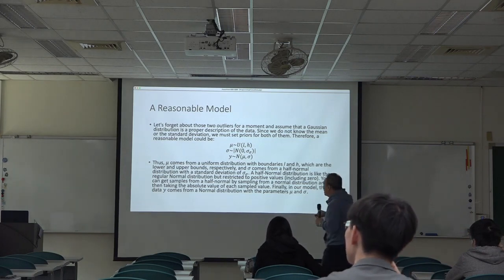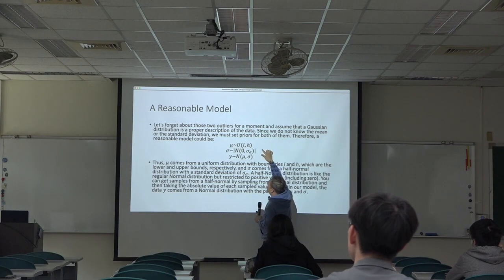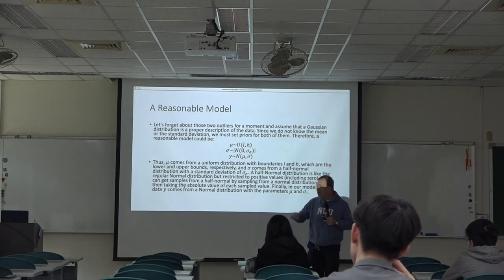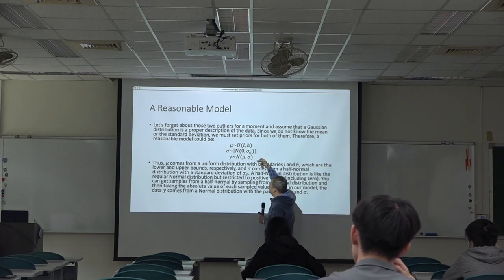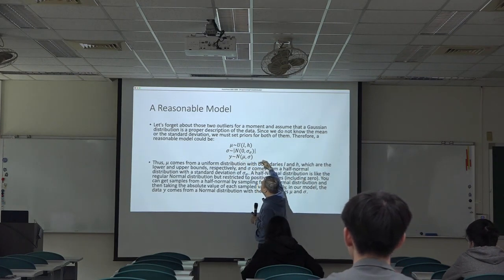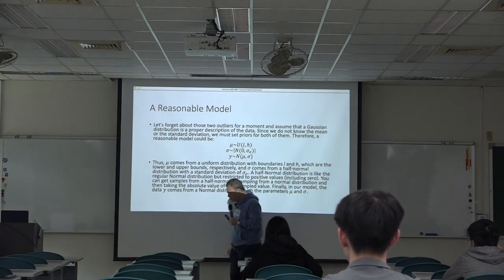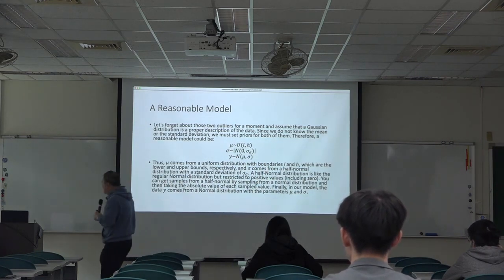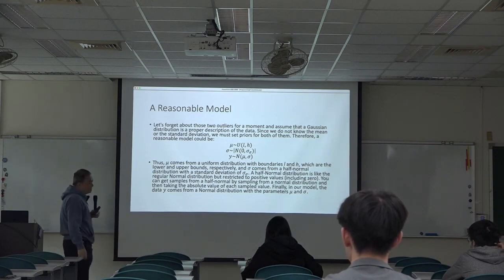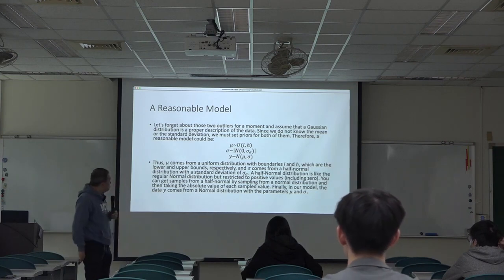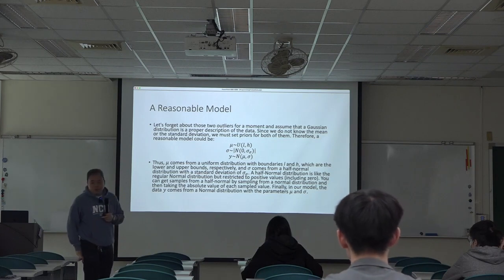These two are considered priors, and once we have them, this is our likelihood. Remember the idea: if we don't know a parameter, we put a prior on it. We don't know mu, we don't know sigma, so we put priors on them.